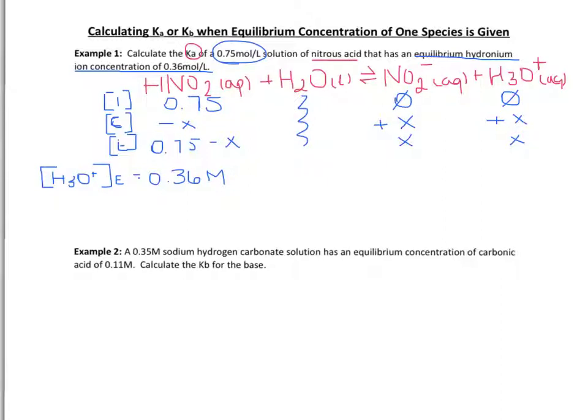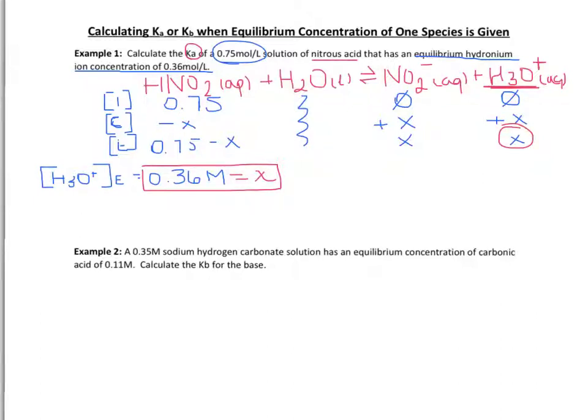At this point, you ask yourself, according to your ice table, what was the equilibrium concentration of the hydronium ion? Well, we find the hydronium ion, and we go down to the equilibrium line, and we notice that we called it X. Therefore, we know that X is equal to 0.36.